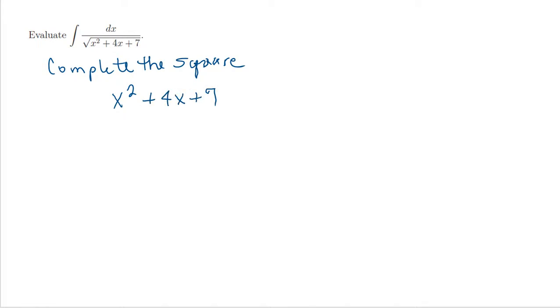Just in case you forgot how to complete the square, remember the goal is to get a perfect square. So you need to add a number so that the expression x squared plus 4x and the new number will give you a perfect square. In order to not change the value, you will need to subtract whatever you add here.